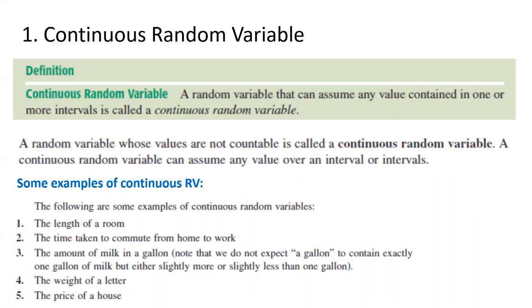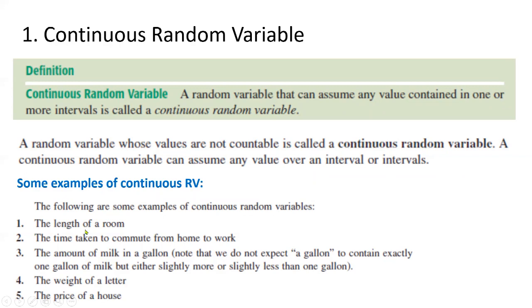That means for a continuous random variable, on the number axis, there should exist at least one interval in which the random variable can be any value, right? Here are some examples of continuous random variables.